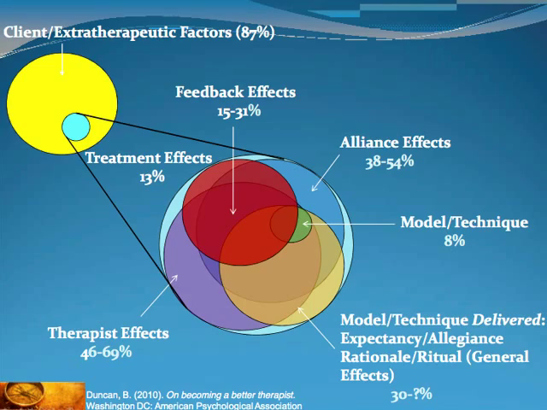The yellow shaded area of that circle is represented by client or extratherapeutic factors, meaning out of 100% of the reason for change, 87% of that is attributed to the client or extratherapeutic factors outside of the counselor's control.